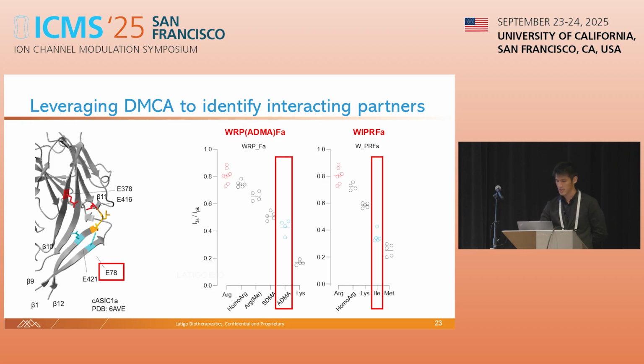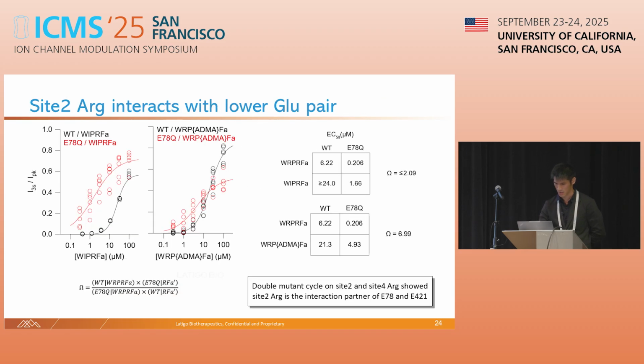We neutralized these charges by mutating the E to Q, and the upper two pair, E378Q and E416Q, didn't really show any decrease in sensitivity to our peptide. As you can see, the current remains a long, big sustained curve after the mutations.